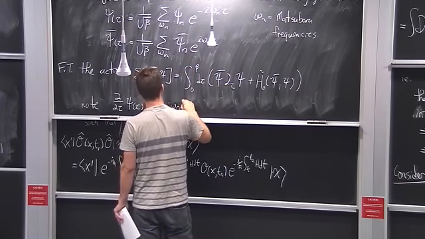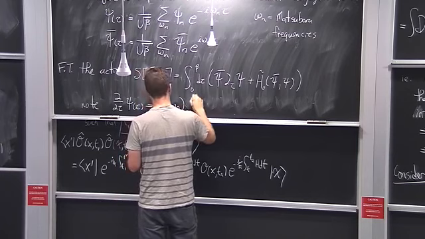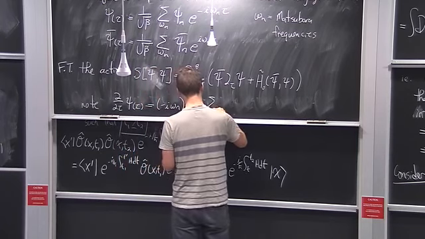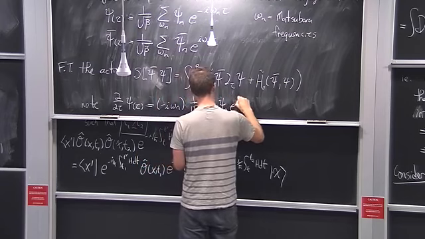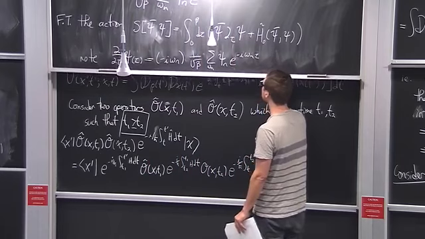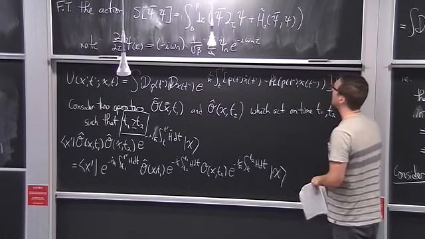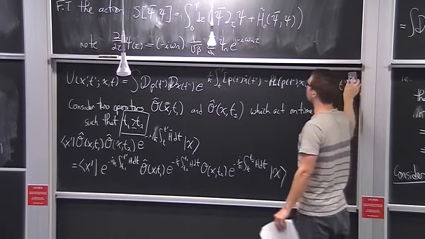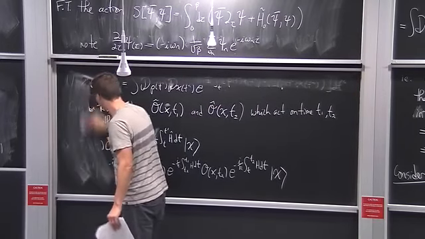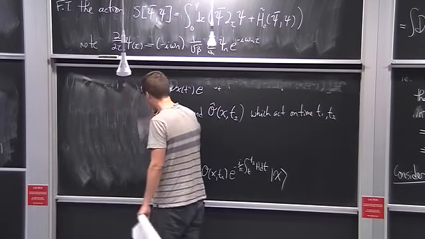And that's it. So you just get two terms in your Fourier transformed action. One that comes from this tau derivative, and one that comes from the non-interacting Hamiltonian.